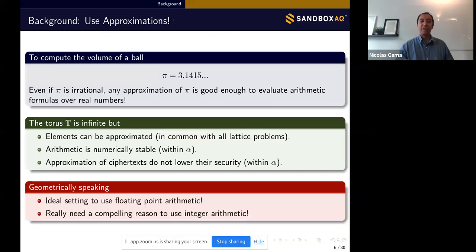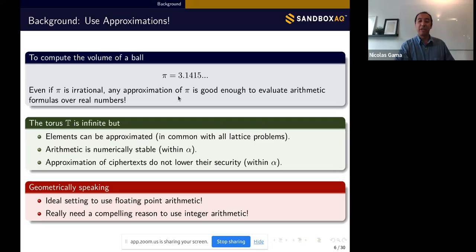So yes, in TFHE, everything is based on this TLWE problem. And of course, we can be scared at the beginning of using something that is continuous, that is infinite. But if we look at what we do with real numbers, for example, when we want to compute the volume of a ball, we say it will be something like pi times r cubed times a constant.